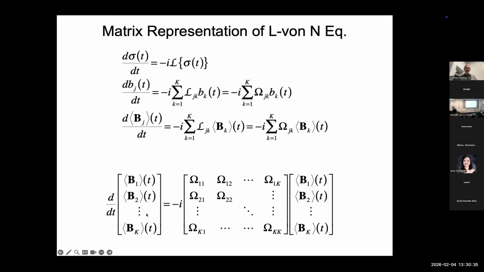So here's what we end up with at the end of the day. We have the magnitudes of all these basis operators. I had called them little bj of t previously, but now I'll frequently use this symbol to mean the magnitude of the operator as a function of time. The literature, how people talk, is kind of loose. We talk about evolution of the operator, but the operator never changes.